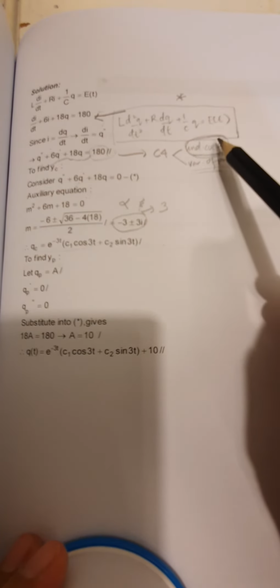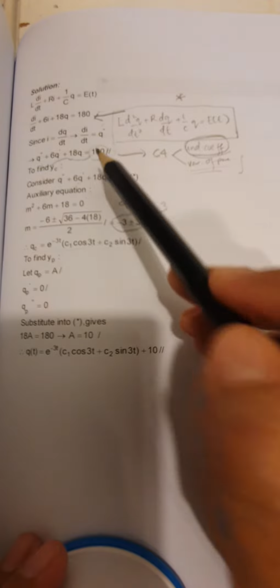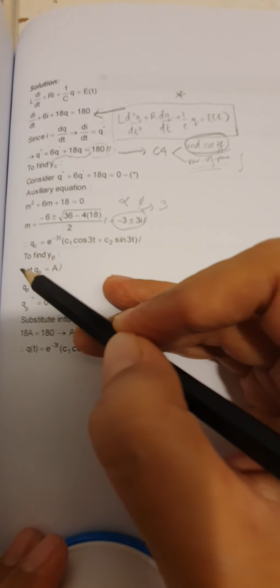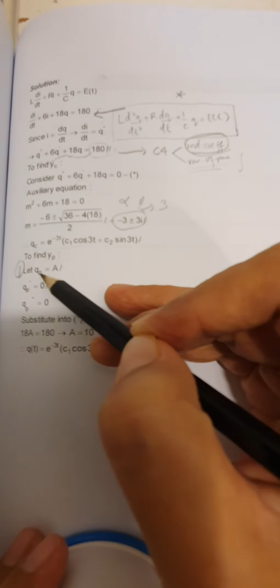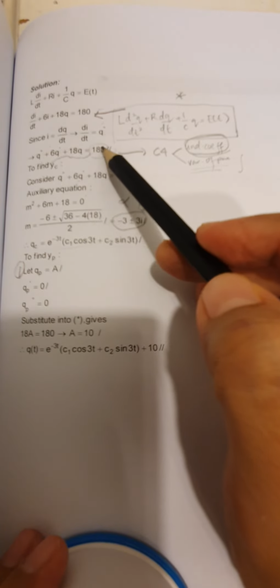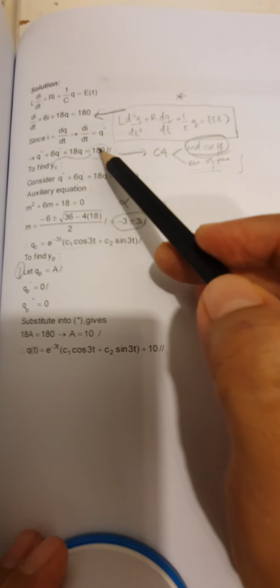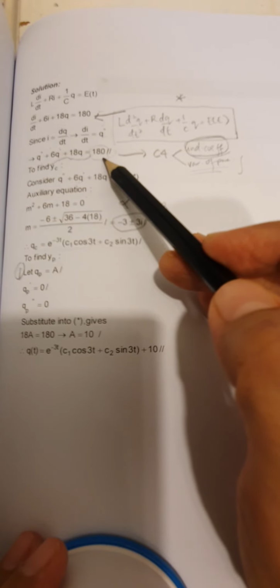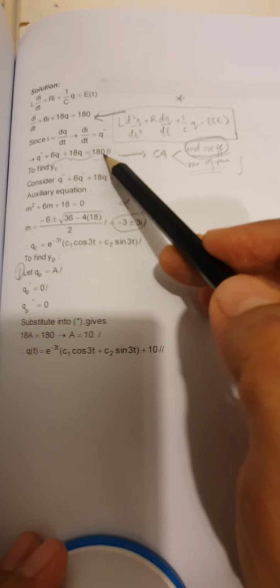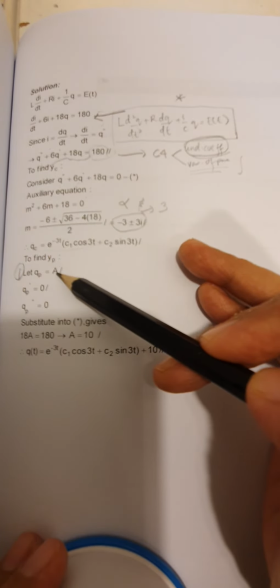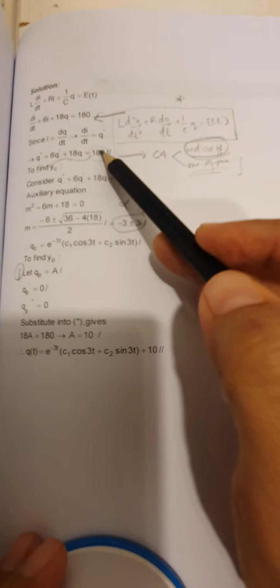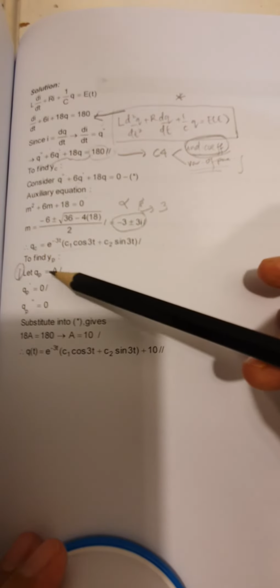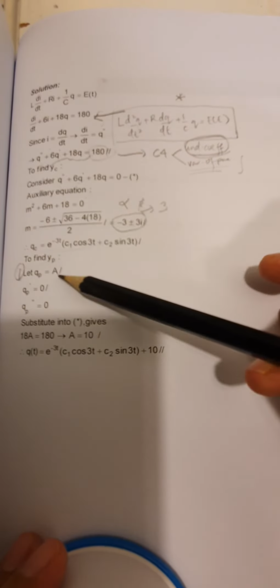So we recall the undetermined coefficient method. First step, we consider the form of QP, meaning the form of the right side. The right side is only the value 180, which is a constant. When it is constant, you remember the table, we refer to the table. When it is constant, we just put A here. A represents a constant. So remember, if it is sin what do we put here, if it is cos what do we put here.